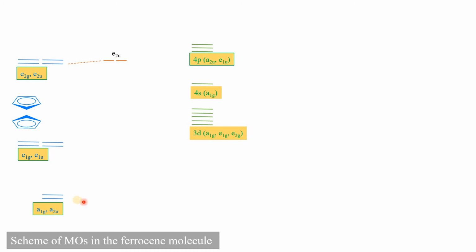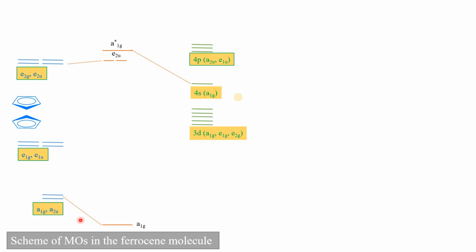One has energy below the existing orbitals, and it is known as the bonding, and one is above this level, it is known as anti-bonding. So this is bonding A1G, and this is A star 1G anti-bonding. Then come to A2U, A2U.